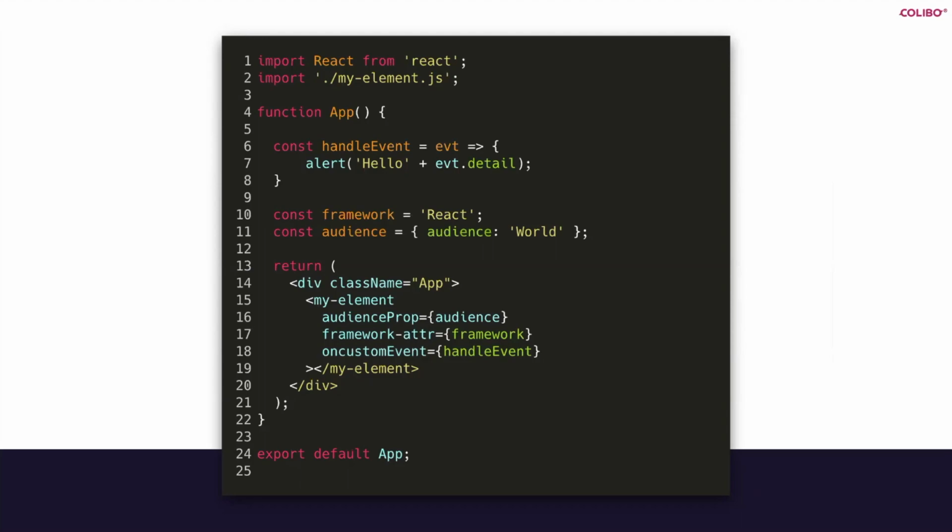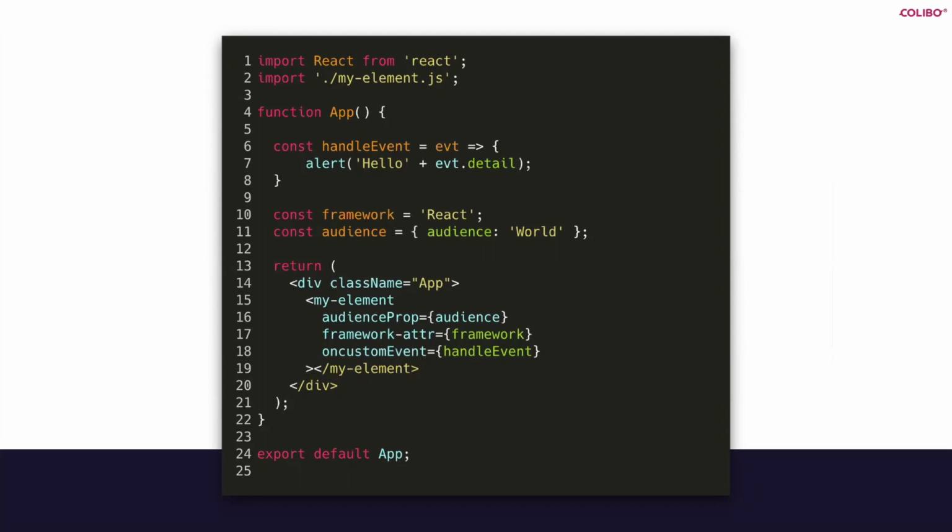The attribute binding works as expected. And then there are the custom events. The event listening syntax in React is different, so that you just prefix on before the event name, and then you camel case or uppercase the event name. But you can't have any casing inside of the event name itself.